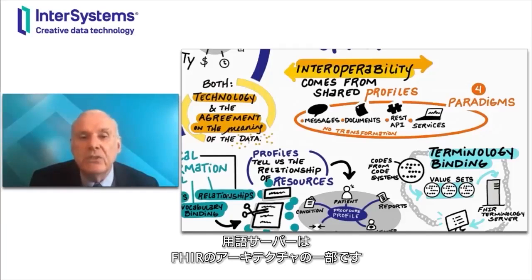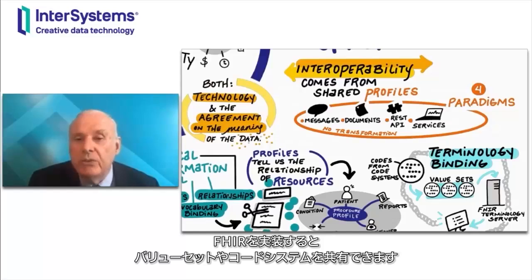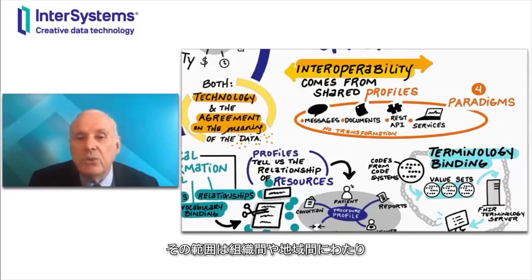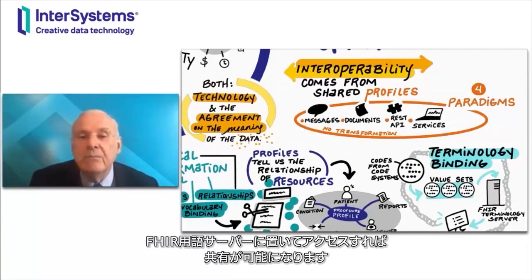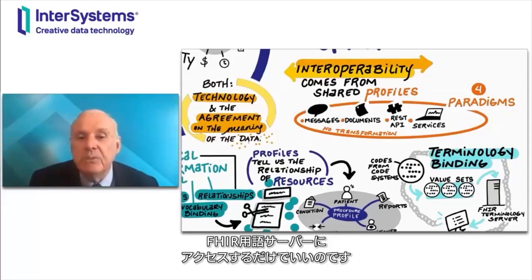And terminology servers are part of the architecture of FHIR that allow implementations to share those FHIR value sets and code systems across organizations or even across regions by placing them on a FHIR terminology server and accessing them there. So there's no need to upload code tables to each implementation. Each implementation simply reaches out to that FHIR terminology server.